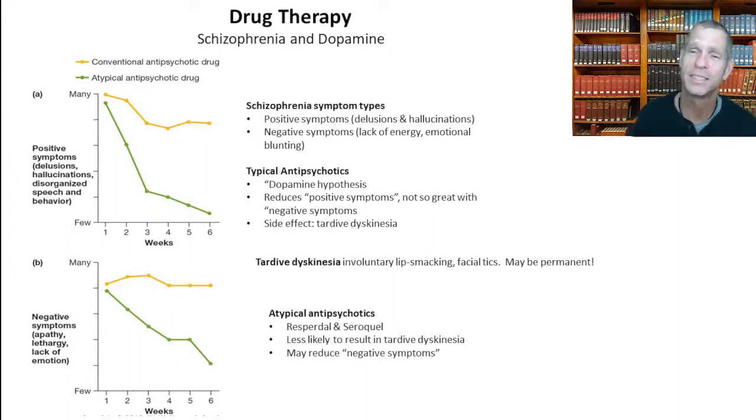So we have drugs that affect the level of dopamine in your brain. And by decreasing the functioning of the dopamine in your brain, inhibiting the function of dopamine, these drugs tend to get rid of or minimize the delusions, hallucinations, and disorganization that goes along with schizophrenia.